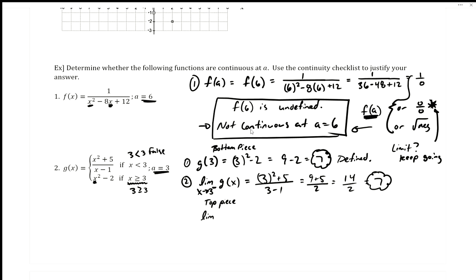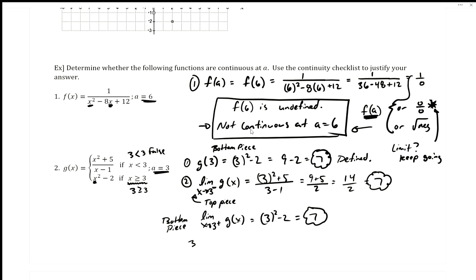The limit on the right, well, we already did that, because this is telling us to use the bottom piece. The top piece was with the negative symbol, and this is with the bottom piece, which we already did in step 1. It is still just plugging 3 into the x squared below, and it would still give us 7.